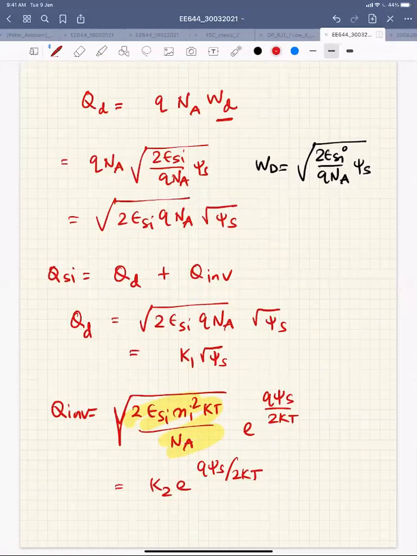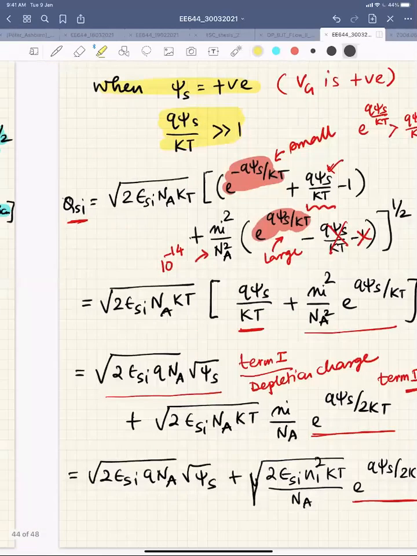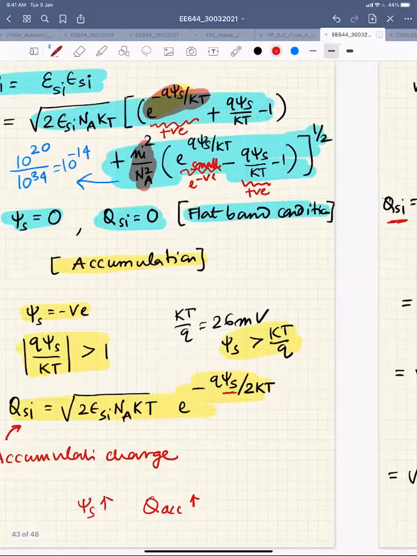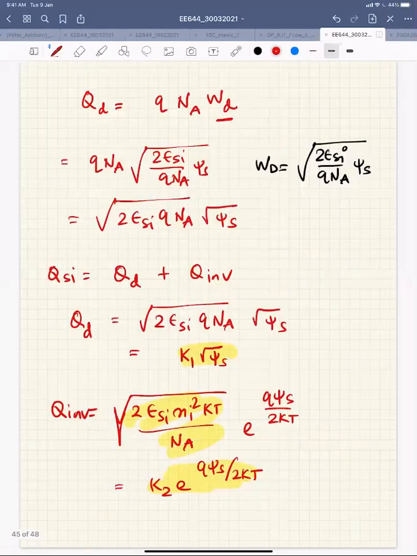So this is my depletion charge, with root over psi s dependence, and the inversion charge, with exponential psi s dependence. We also saw your accumulation charge has an exponential psi s dependence. So the charge in accumulation is some constant times e to the minus q psi s by 2 kT.